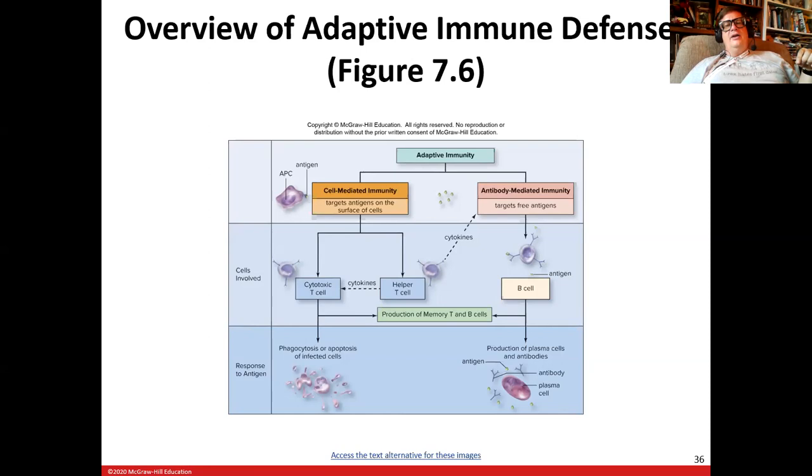This is why you can get a vaccine. This is why if you've been previously exposed to chickenpox, you probably won't get chickenpox again. Your body can remember it because you still have surviving long-lived white blood cells. They're called memory cells. They're memory T lymphocytes and memory B lymphocytes.